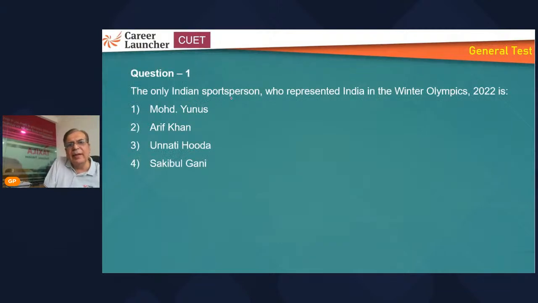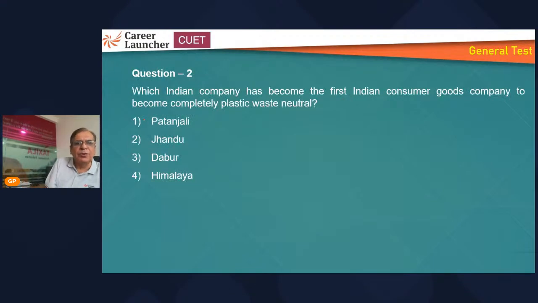Question 1. The only Indian sportsperson who represented India in the Winter Olympics in 2022. This was in the news some time ago. Arif Khan. If you know it, you mark it; if you don't, all the names look the same, so it makes no difference. Question 2. Which Indian company has become the first Indian consumer goods company to become completely plastic waste neutral? This I know because I've read it in the newspaper.